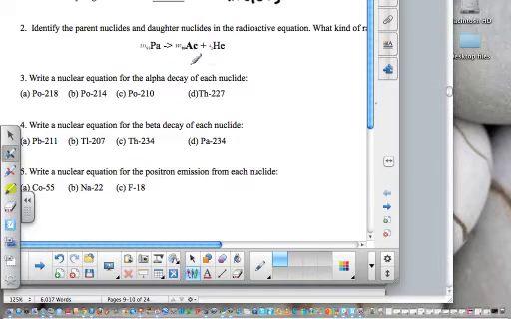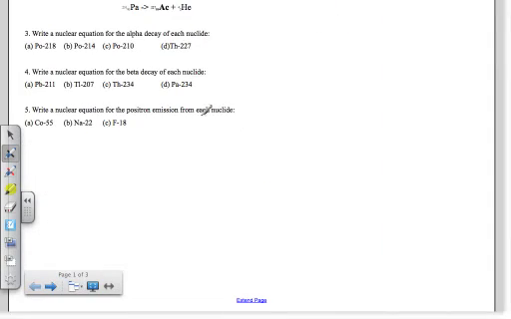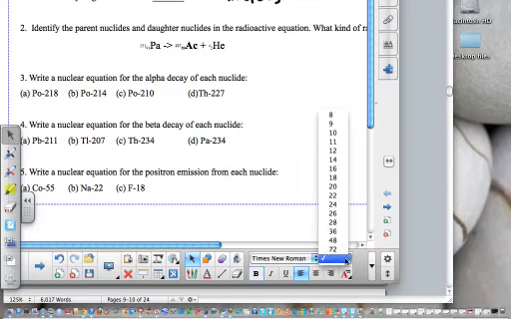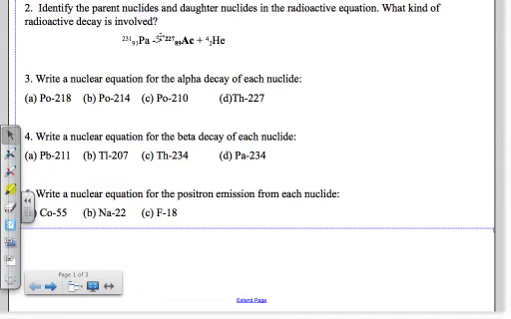All right. Identify the parent and daughter nuclides, and what kind of radioactivity is involved.